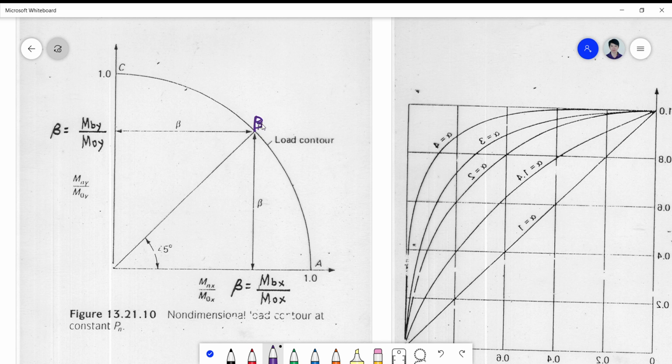So this is very, very important when you deal with the actual. If you want to get the actual contour of your load level here at the interaction surface, beta will give you your alpha value. And this can be done, the beauty here, by the exact analysis.